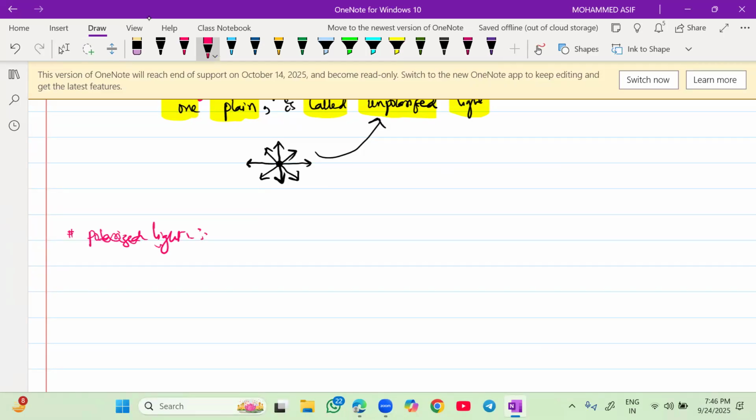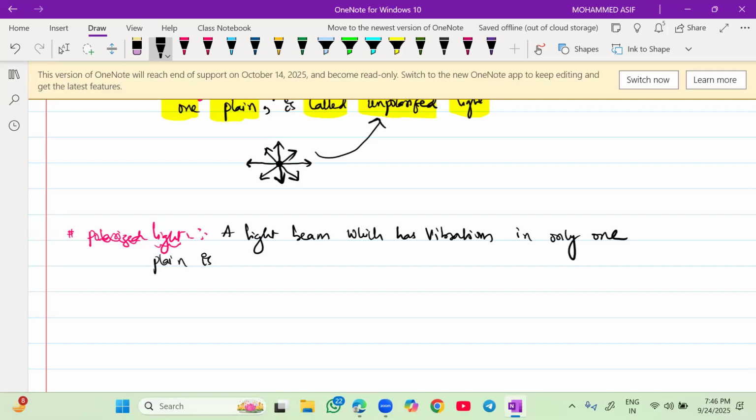The next heading is polarized light. So I can say that a light beam which has vibrations in only one plane is called polarized light.